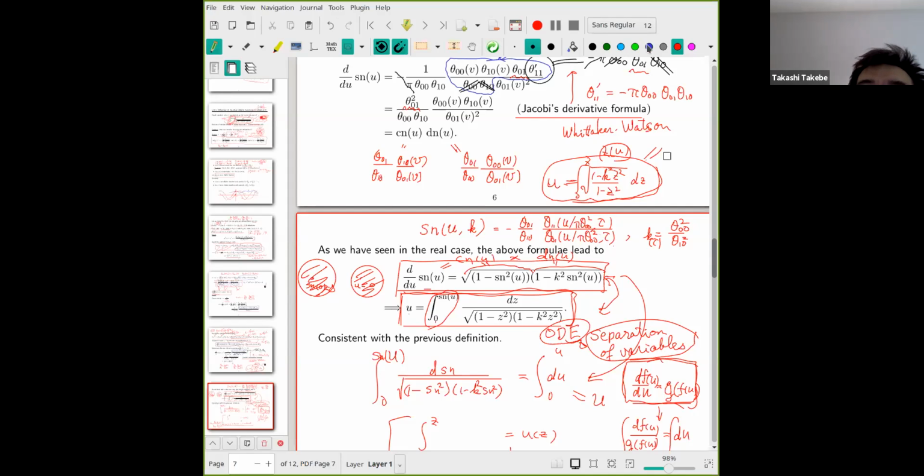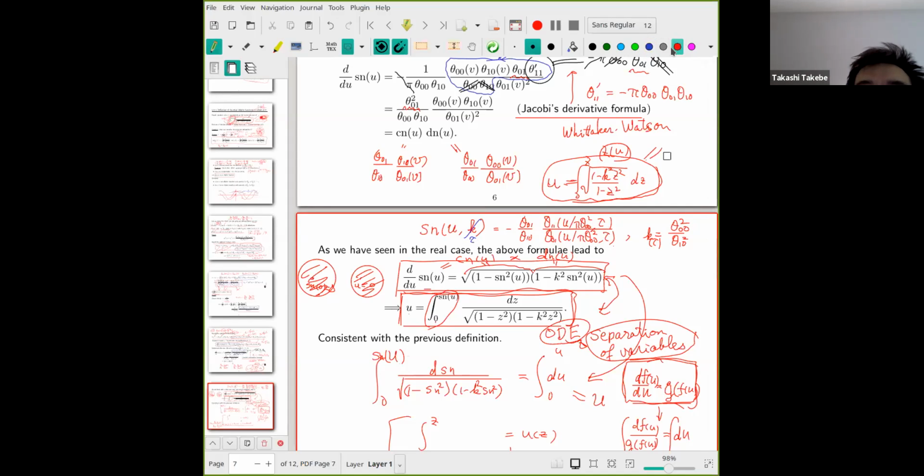So a priori, it should be denoted by such notation. It really depends on u here and tau. Actually, tau sits here, and everywhere.